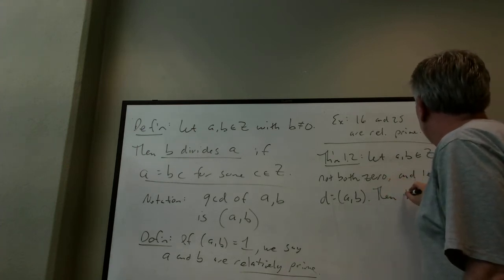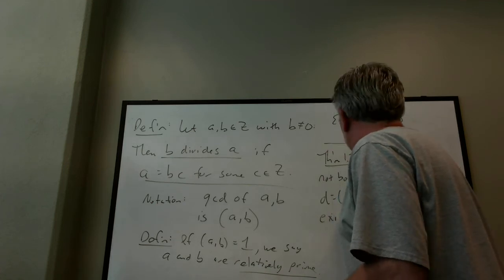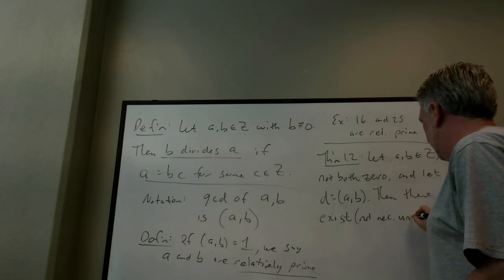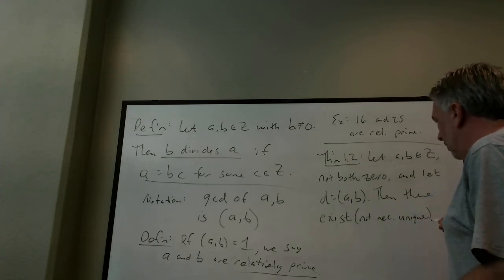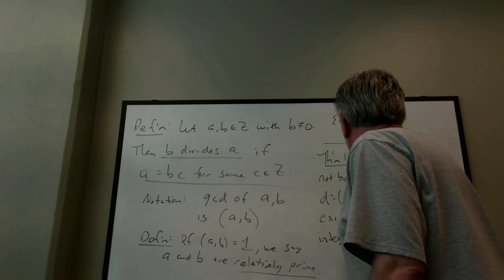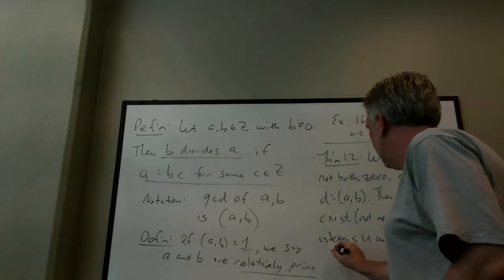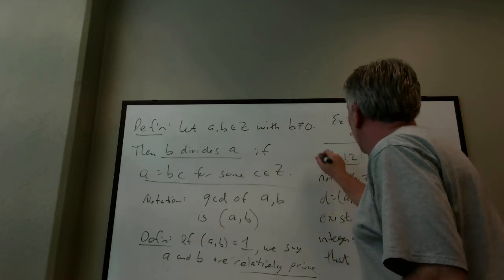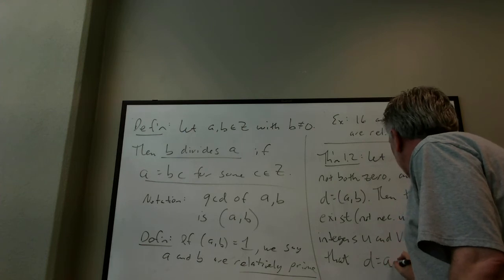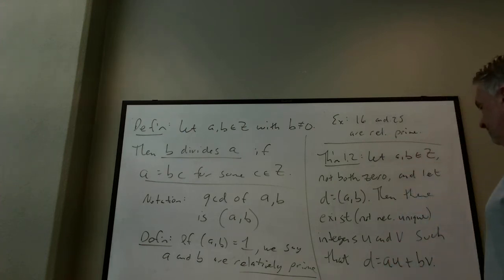Then there exist, not necessarily unique, so there could be more than one way to do this, integers u and v such that d is au plus bv.